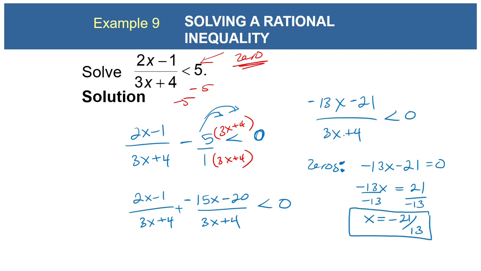Now, if you look at the denominator, it's going to be undefined. Again, when the bottom is equal to 0, it's undefined, when 3x + 4 equals 0. And if you subtract 4 and divide by 3 on both sides, I get x equals -4/3. So it's undefined at x equals -4/3, and it's a 0 at -21/13.